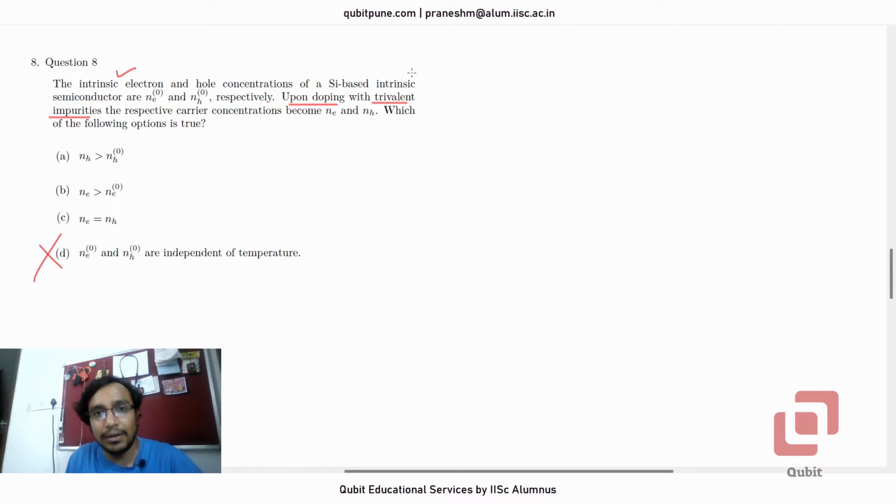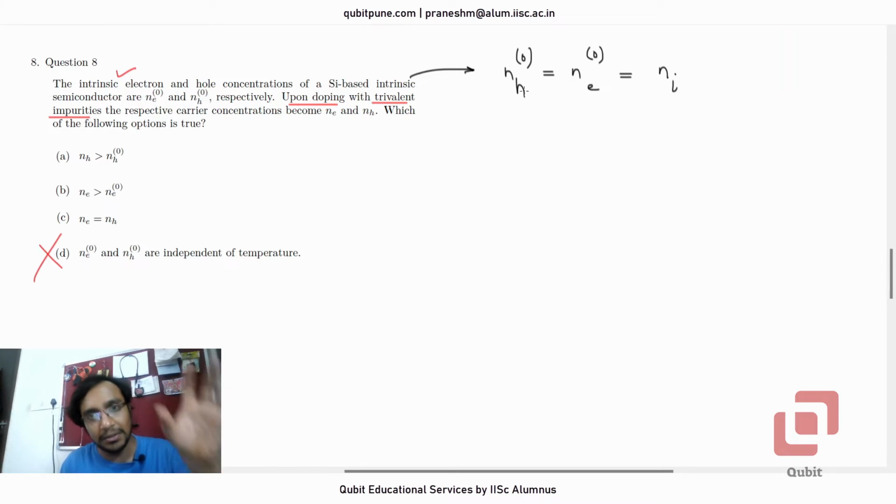The first one is for an intrinsic semiconductor, where the hole concentration is equal to the electron concentration. NCERT uses the term Ni, the intrinsic charge carrier concentration, which is the same for holes as well as for electrons.